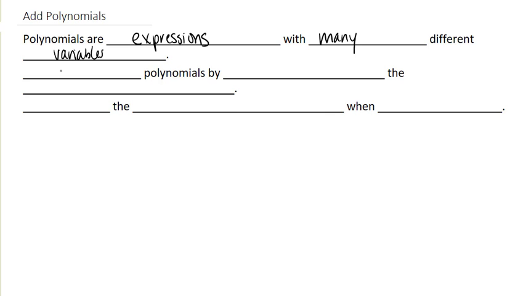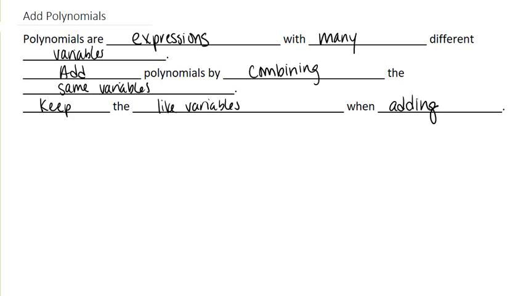And so we will add polynomials by combining the same variables, and then we will keep the like variables when adding. So let's look at an example.